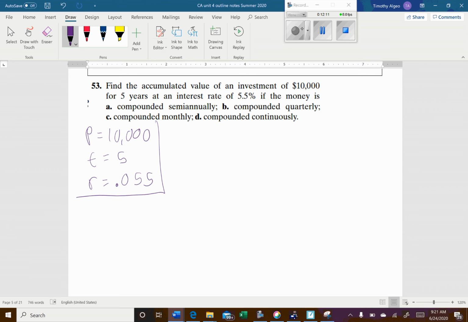So looking at part A, if I'm compounding semi-annually, that means twice a year. So my n value is going to be equal to 2. Now let's write out my formula.